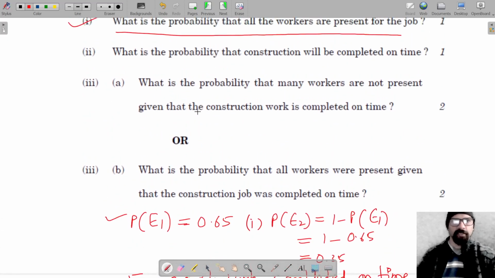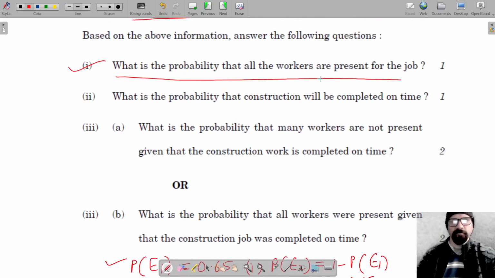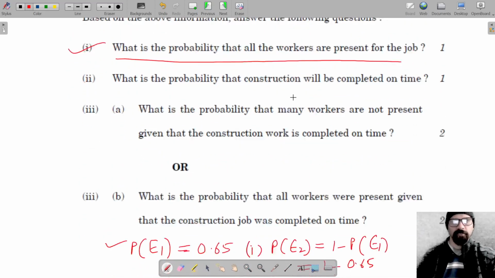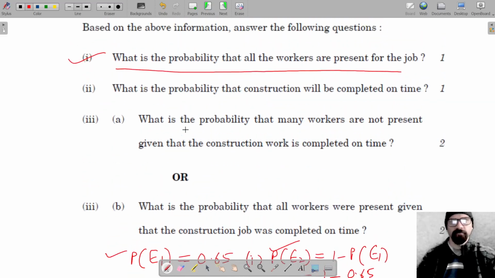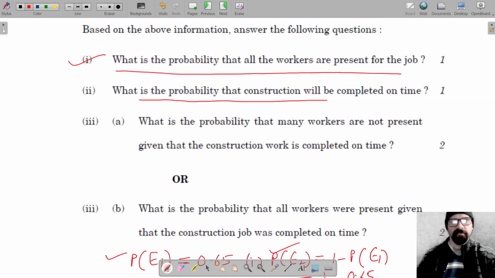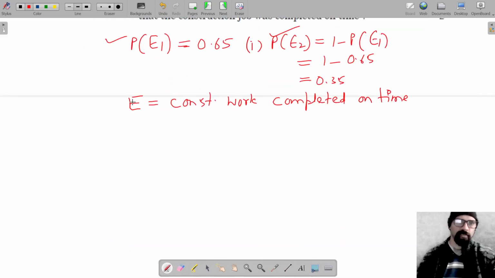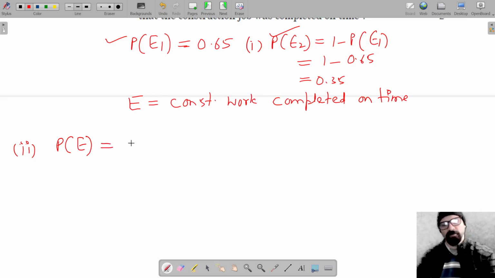All right. So what is the probability that all the workers are present for the job? So all the workers are present for the job is probability of E2. And what is the probability that the construction work will be completed on time? So we have to find out the probability that the construction work is completed on time.